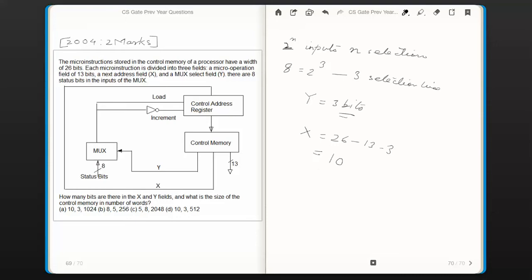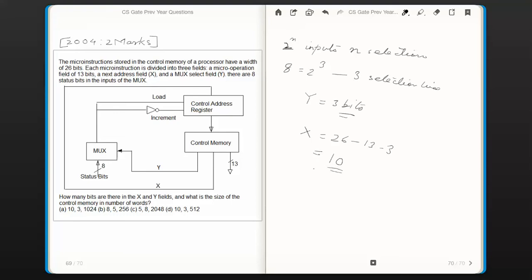Now we need to calculate the number of words in the control memory. This X is used as the address of the next micro instruction in the control memory, and this X is 10 bits wide. So with 10 bits, how many words can we address?